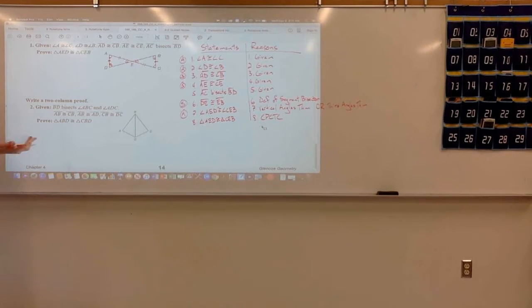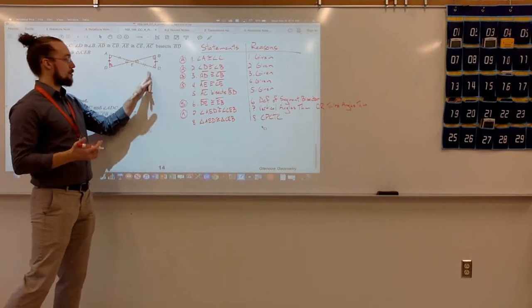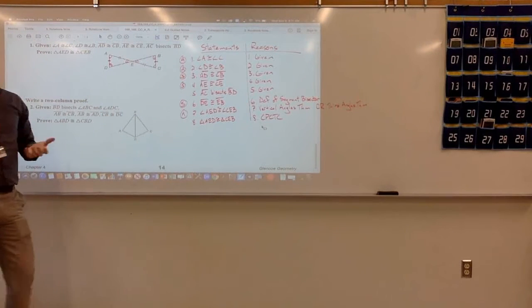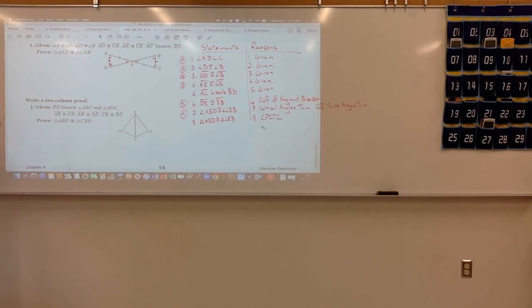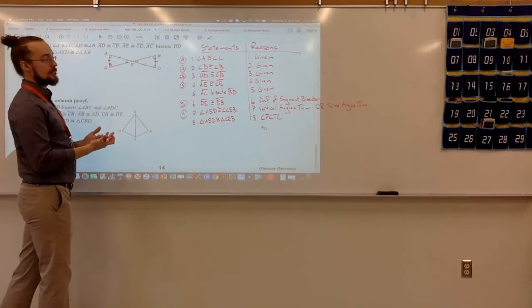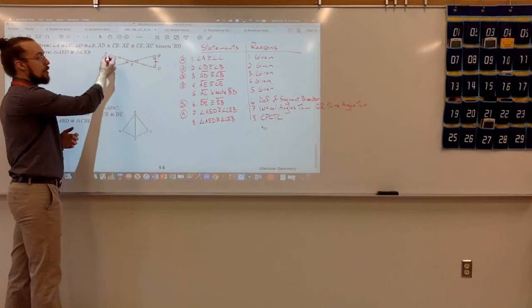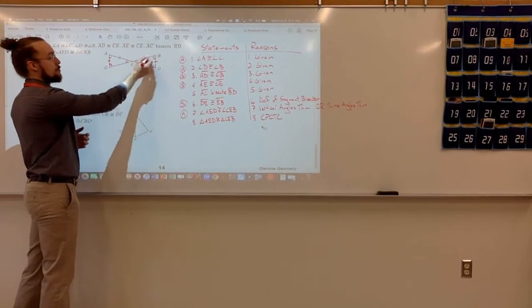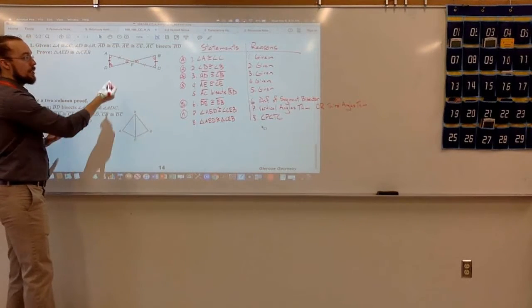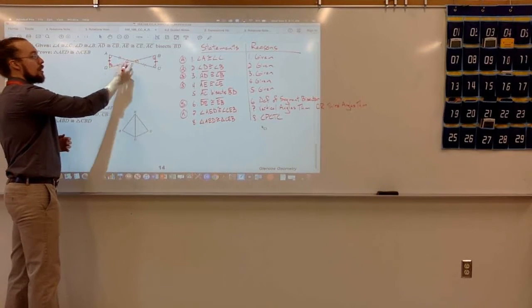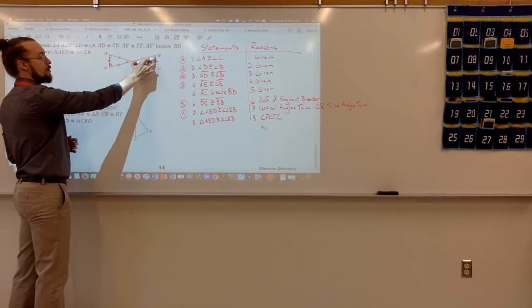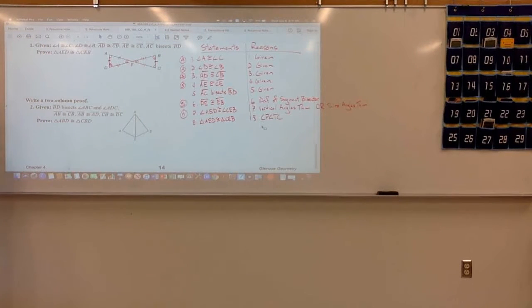Usually when we did proofs before, we were told something about a midpoint instead of a segment bisecting another segment. But if we're saying AC bisects BD, that just means it cuts it exactly in half. So that means that these two halves of that segment would have to be congruent.